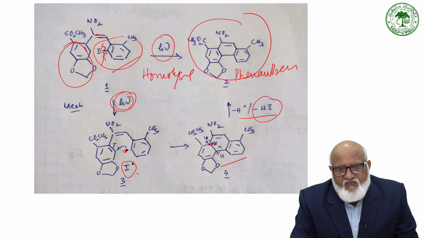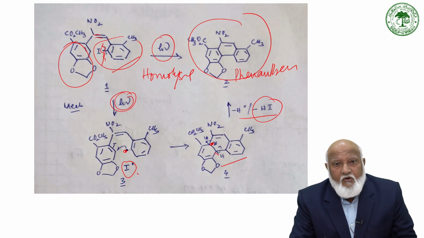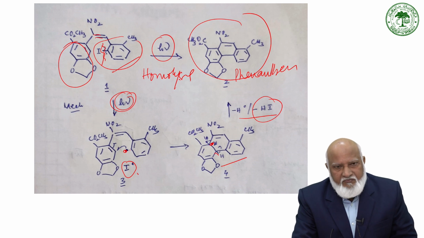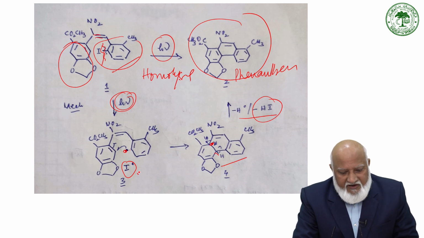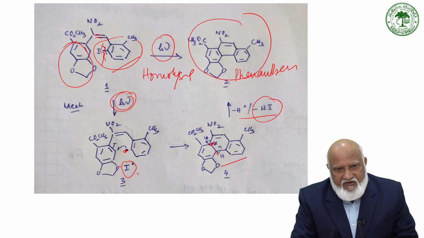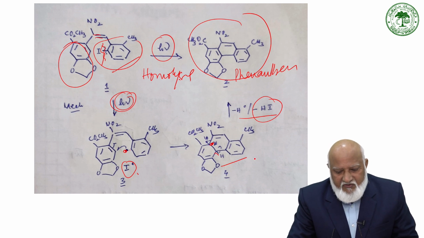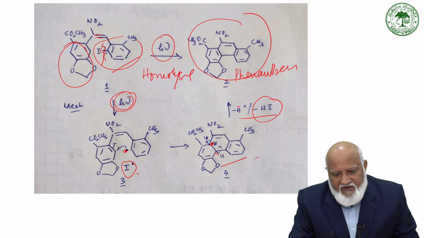The phenanthrene derivative is formed through a simple homolysis of an aryl halide such as aryl iodide, which involves homolytic cleavage of the aryl-iodine bond to give an iodine radical and an aryl radical, which is nicely set up for cyclization to give the dihydro derivative, which once again aromatizes to give the phenanthrene.